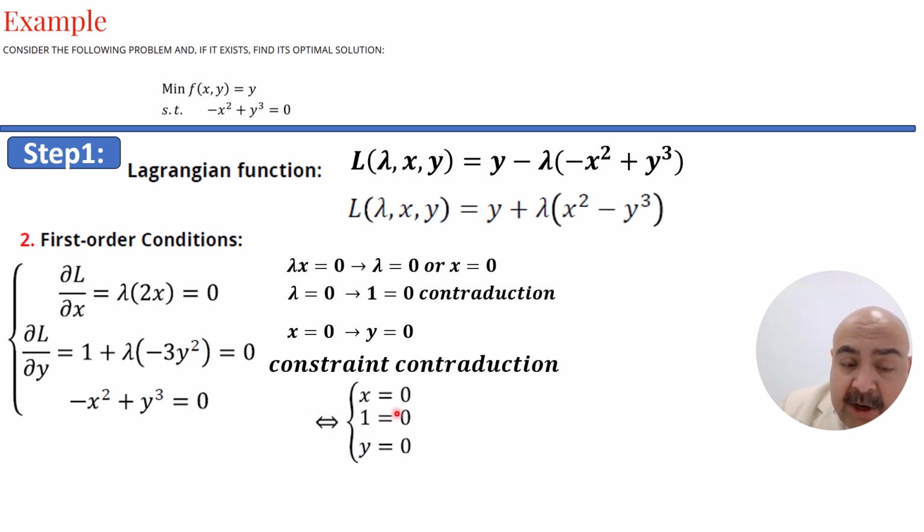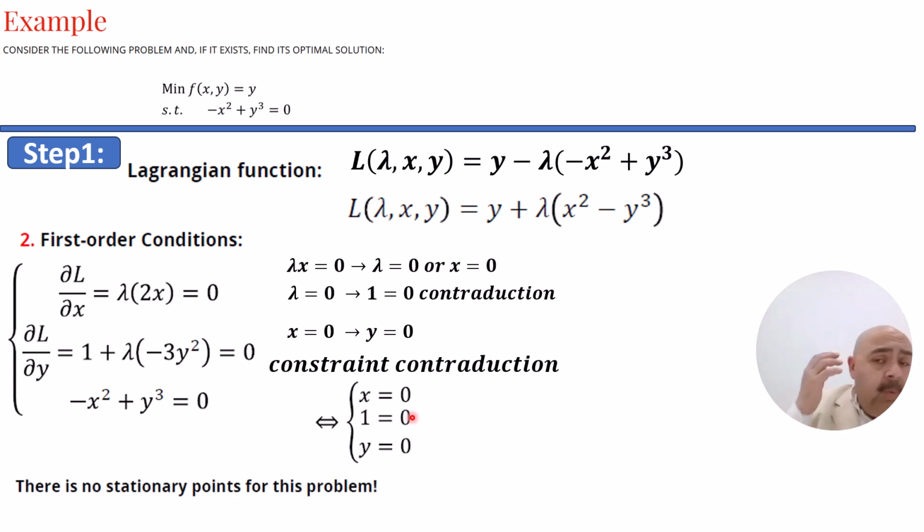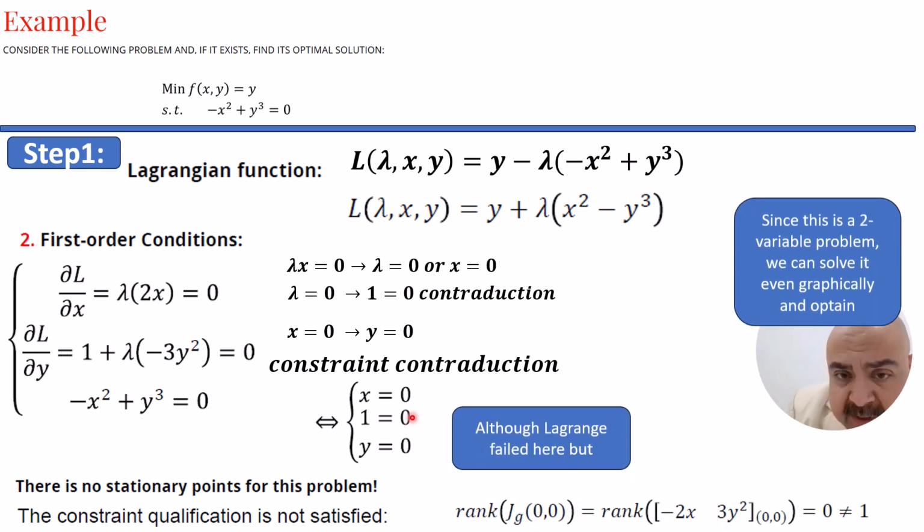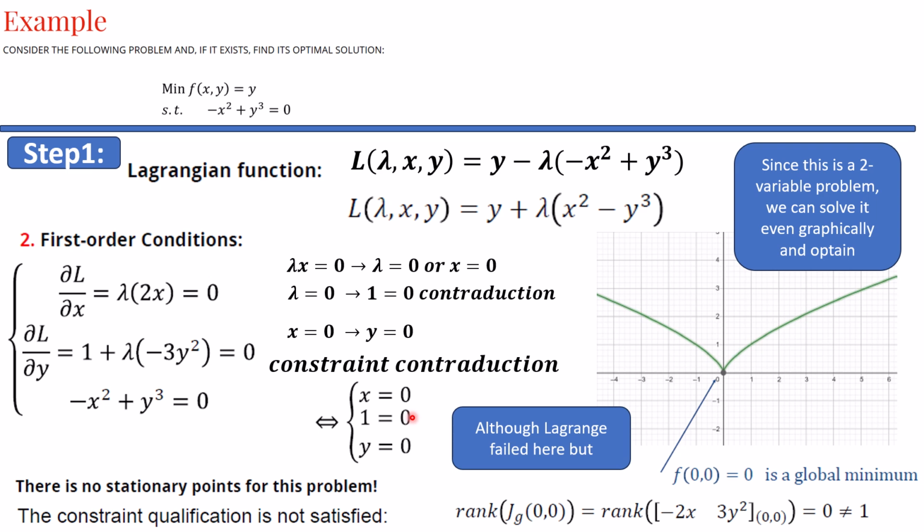We will end up having 1 equal to 0 in these two situations, and that's why the Lagrange multiplier method didn't succeed in analyzing this problem. For this problem in particular, remark that we can handle it using the previous methods, and we will discover that we have a minimum point at 0, 0.